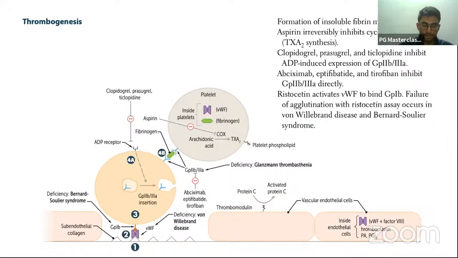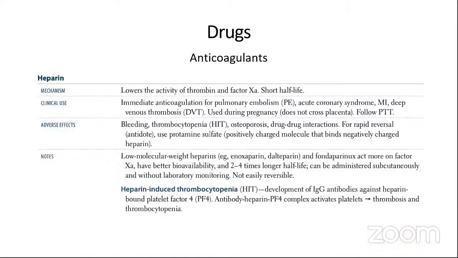On the same classification, ADP receptor inhibitors are clopidogrel, prasugrel, and ticlopidine, and COX inhibitors, which inhibit arachidonic acid conversion. How many days before the surgery will you stop clopidogrel? Yes, ma'am, I wanted to discuss it in the next slides. Okay, then continue. Yes, ma'am.